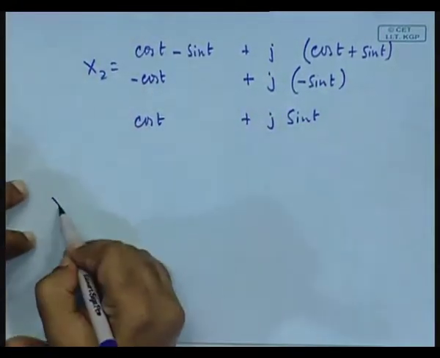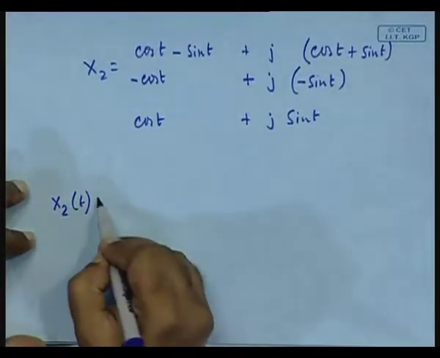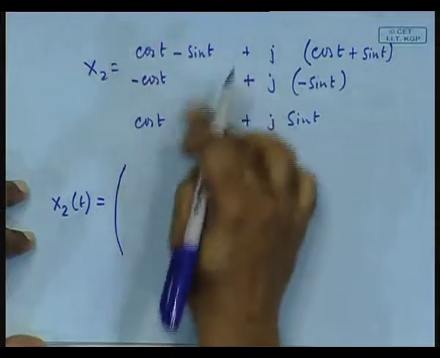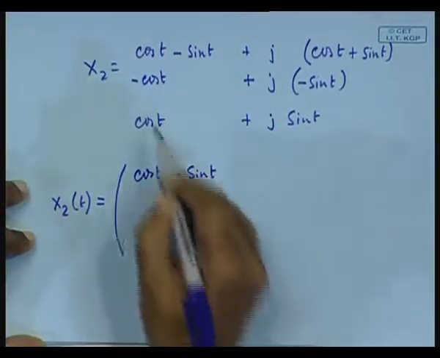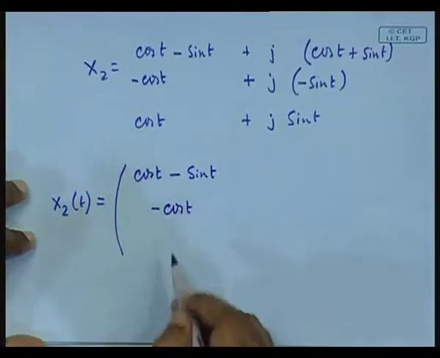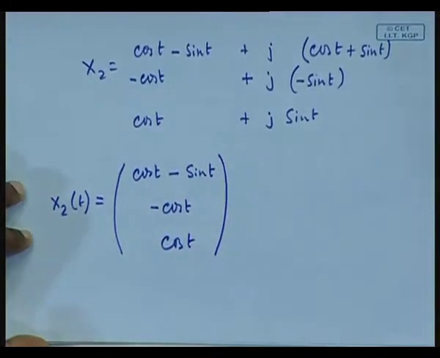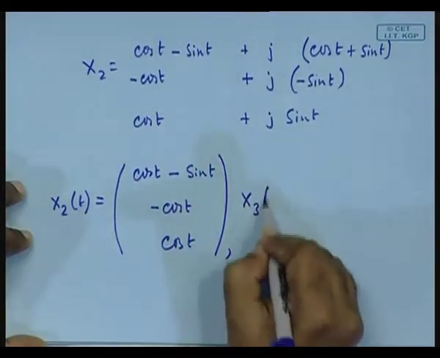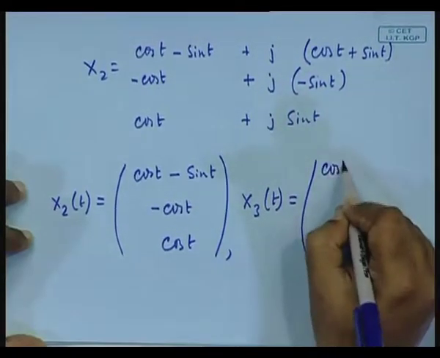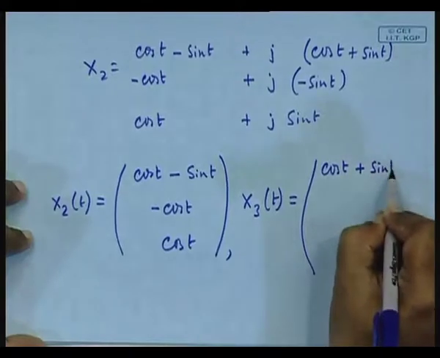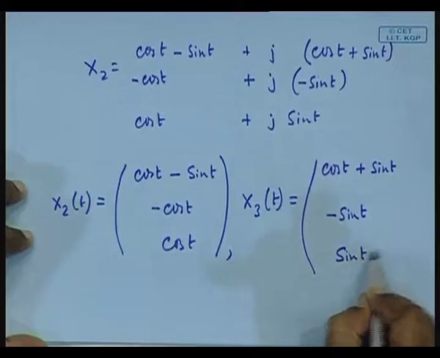We will say that x 2 t is this part, which is cos t minus sin t, minus cos t, cos t, and x 3 t is equal to this part, cos t plus sin t, minus sin t and sin t.